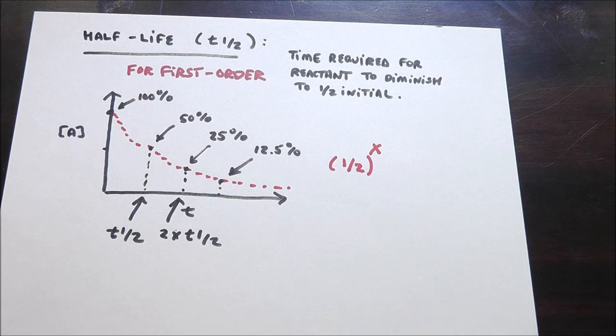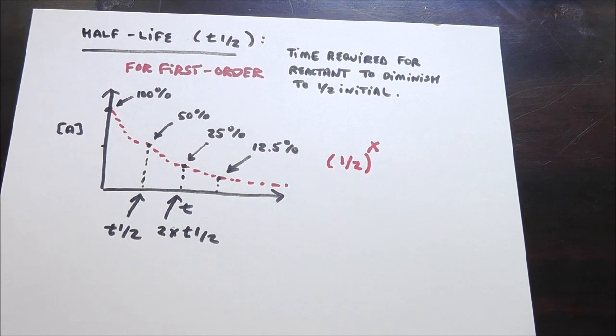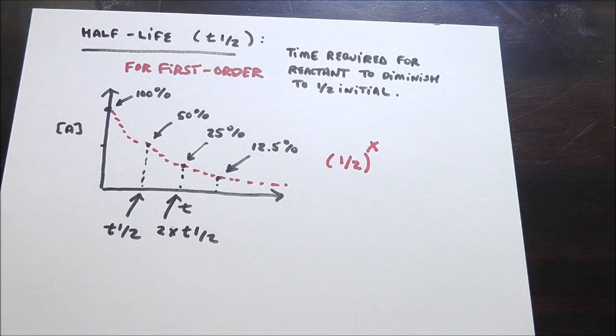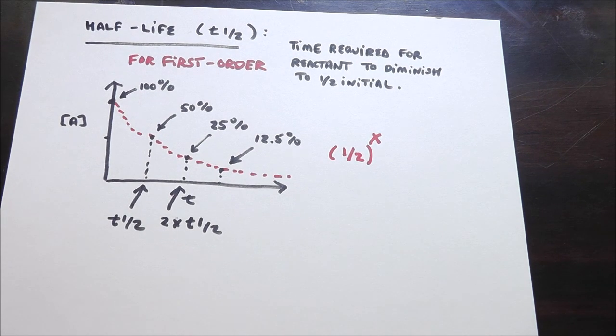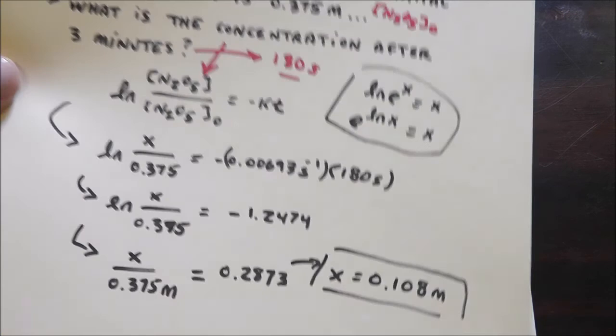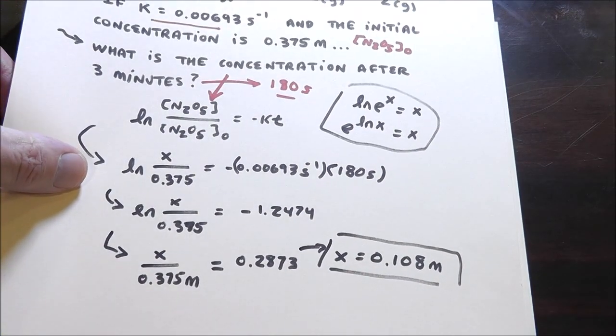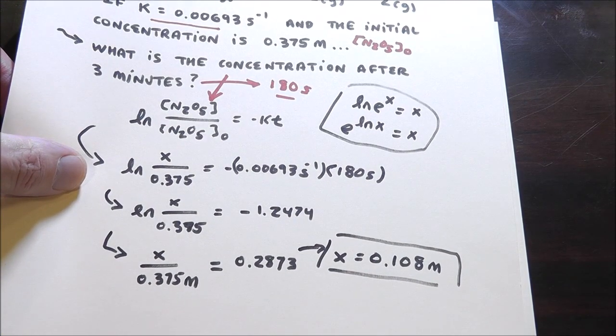This is not what happens with second order. No matter what you read in a textbook, with second order you can call that interval T1 half, but it's going to be a different number the next cycle of half-life. So it's really only useful to ground you in terms of solving problems. What we're going to do next is solve for the half-life of this problem, and there's a relationship.